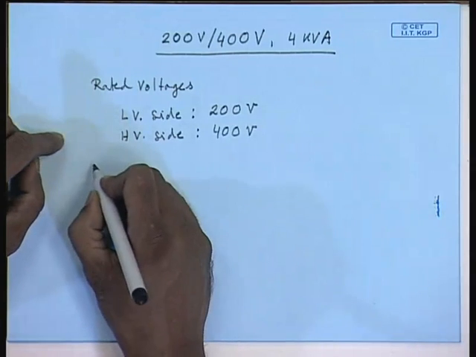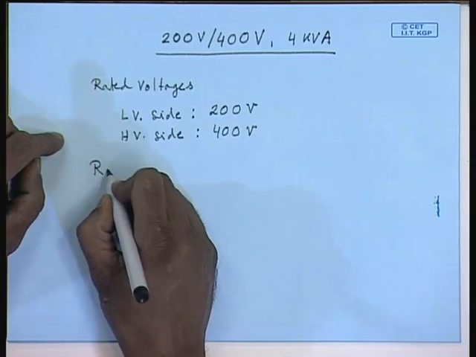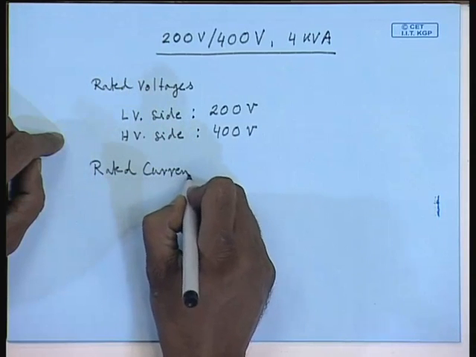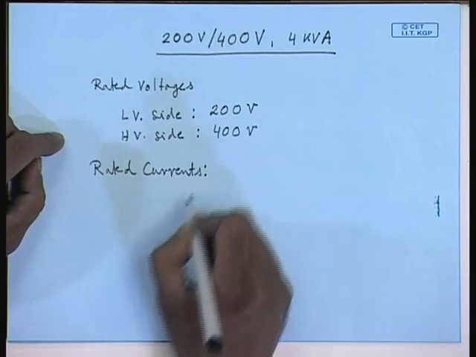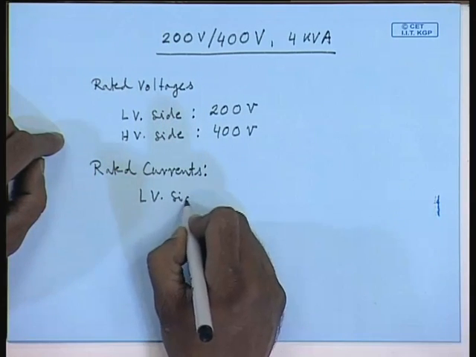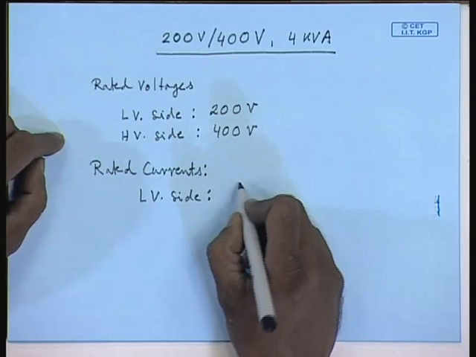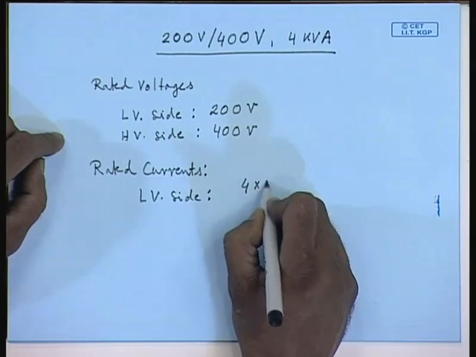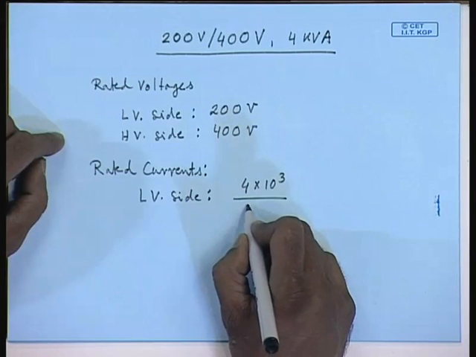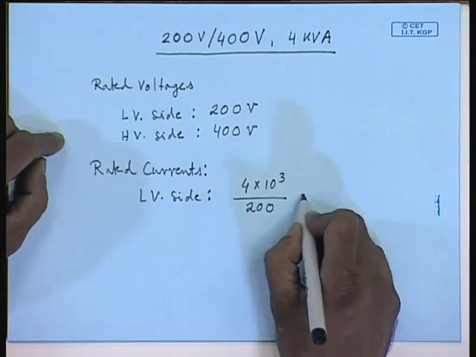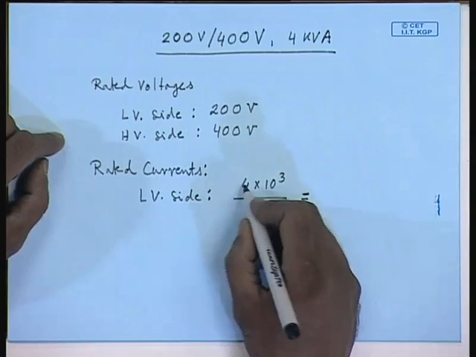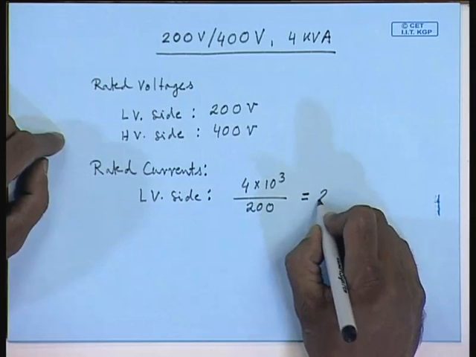Rated currents, for the LV side, it is 4 kVA by rated voltage equal to 20 amperes.